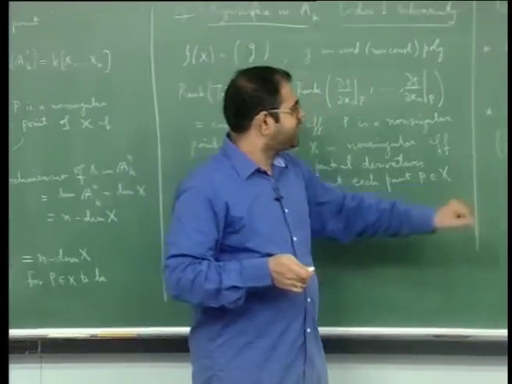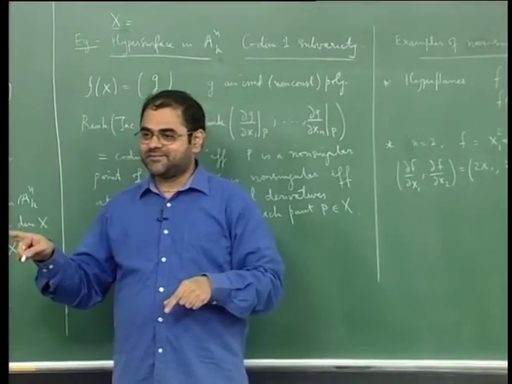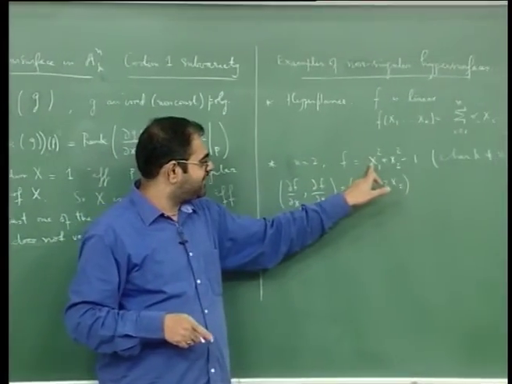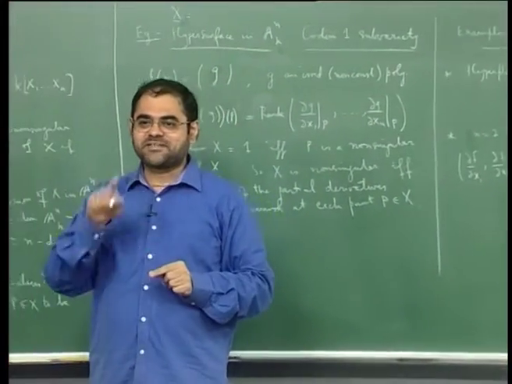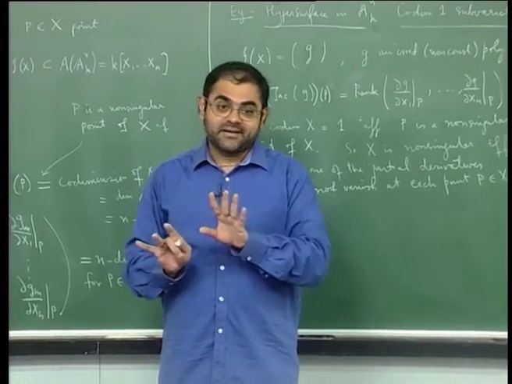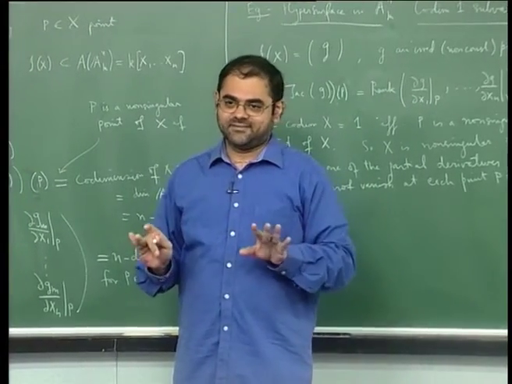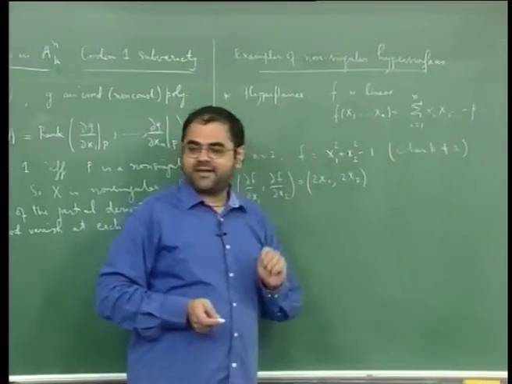Okay, so x1 + x2 - 1 is the same as plus 1 in characteristic 2. So f becomes the square of a linear polynomial in characteristic 2, it becomes (x1 + x2 + 1) the whole square. And so it is not even irreducible. Alright, so you have to worry about characteristic.